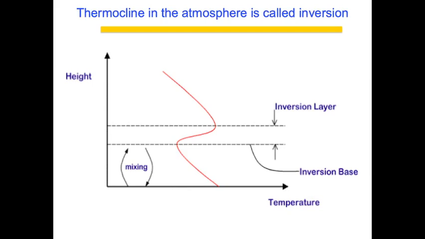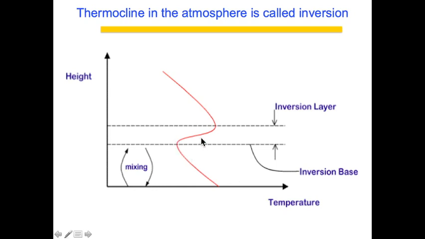So there is a thermocline in the atmosphere as well. We always talk about thermocline in ocean because that is the most important aspect. But in the atmosphere also there is a thermocline which we call an inversion. So there is an inversion layer. Usually, what happens in the atmosphere is that the hot air is here and then warm air is above, so the mixing is always happening.